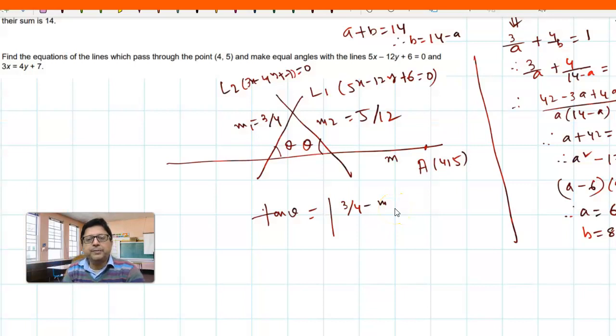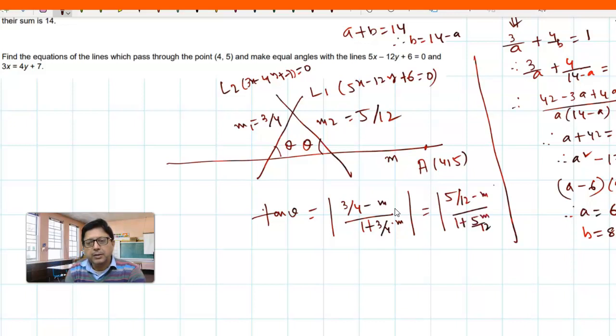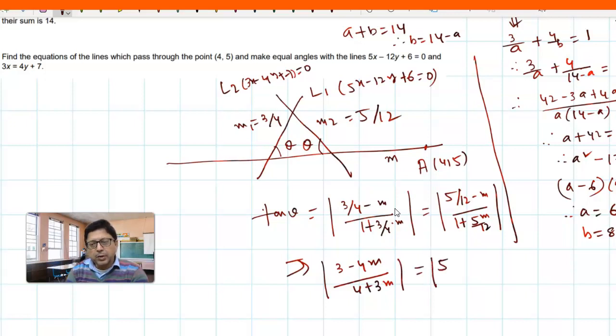So this is going to be 3 by 4 minus m divided by, and again tan theta from this side is going to be mod of 3 minus 4m by mod of 5 minus 12m by 12 plus 5m.